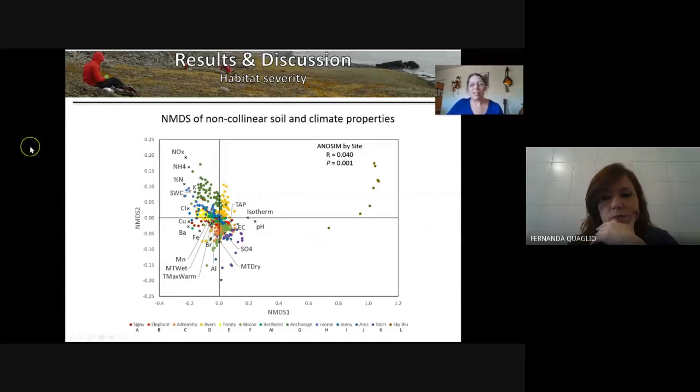An NMDS of a subset of soil and climate parameters that were identified to be non-collinear with each other demonstrates how sites varied along a gradient of overall habitat severity, ranging from more favorable conditions of warmer temperatures with moderate precipitation and high nutrient but low pH soils in the upper left quadrant, to sites that were either wetter or drier, often cooler, and notably low in nutrients.